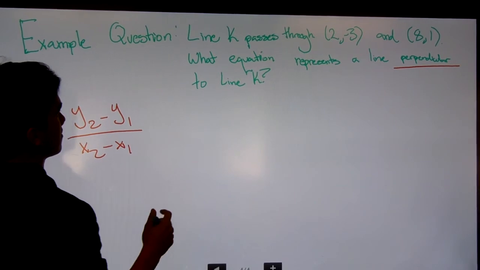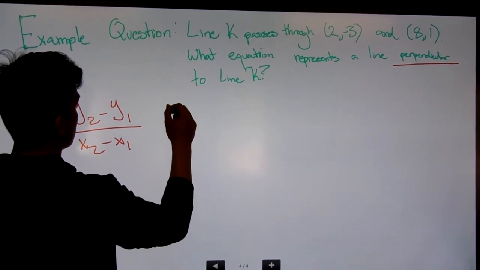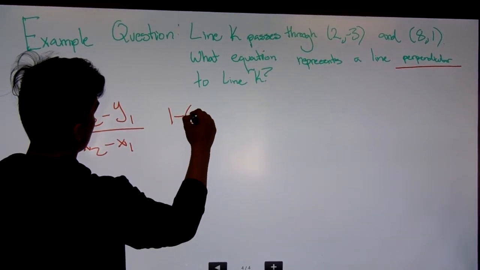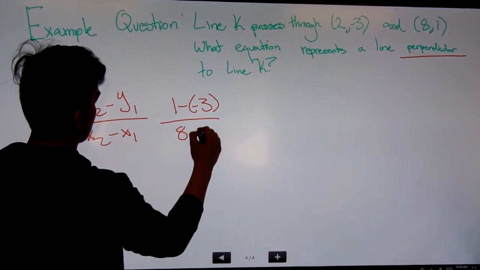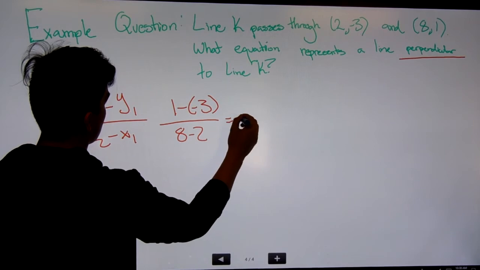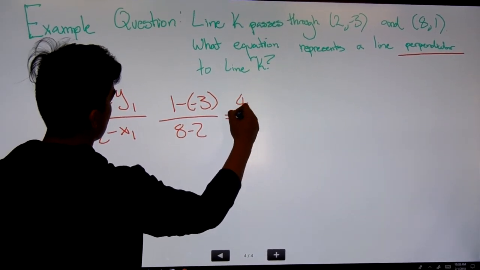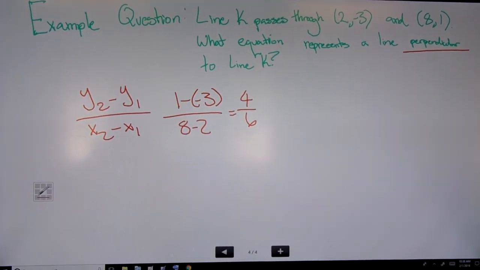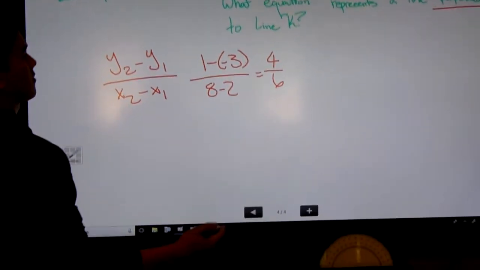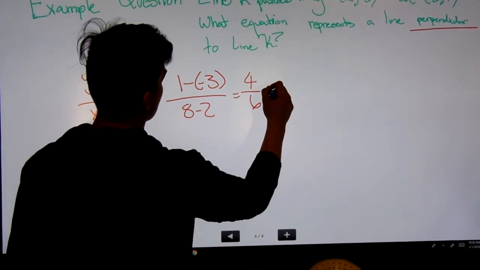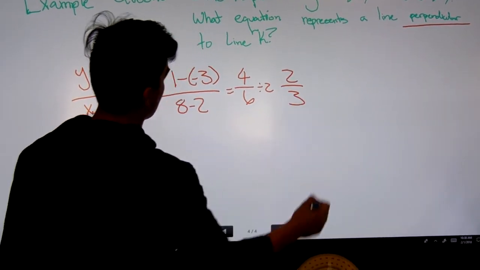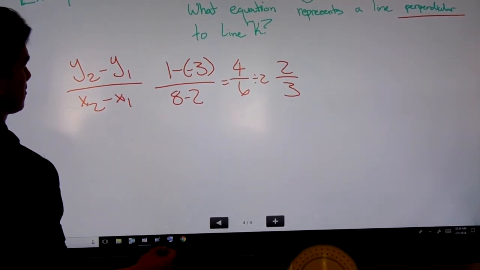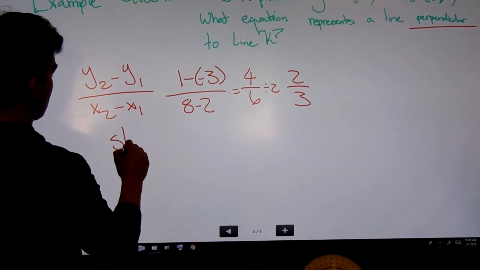That gives us 1 minus -3 over 8 minus 2, and that equals 4/6. Simplified, divided by 2, 2/3. So the slope for line K is 2/3.